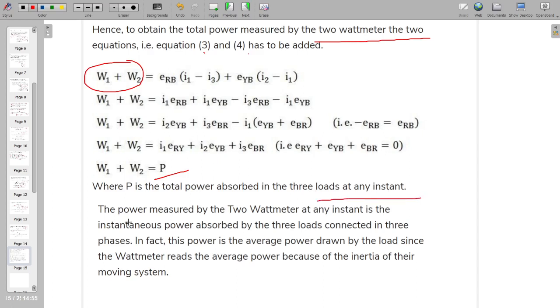The power measured by the 2 wattmeters at any instant is the instantaneous power absorbed by the 3 loads connected in 3 phases. In fact, this power is the average power drawn by the load, since the wattmeter reads the average power because of the inertia of the moving system.